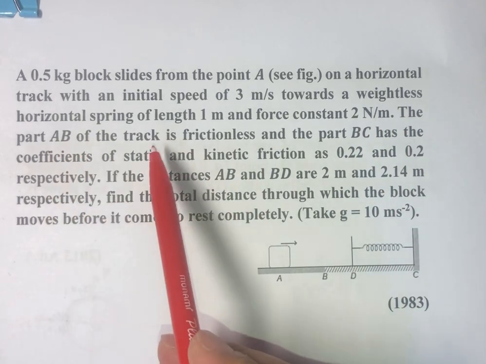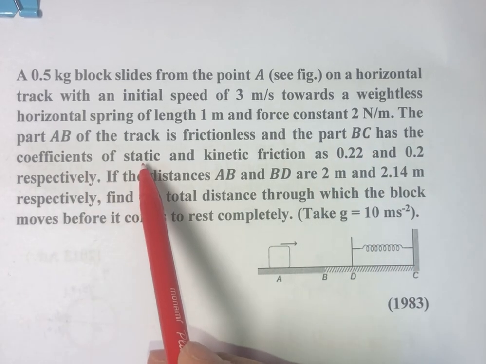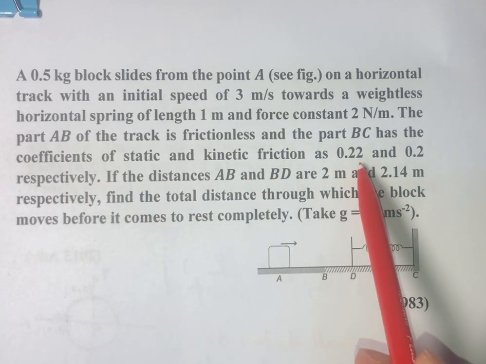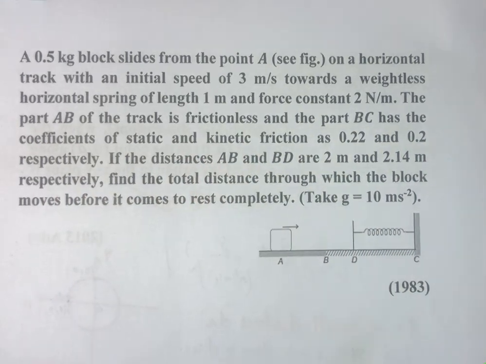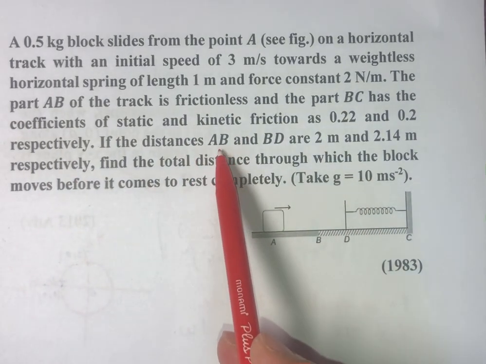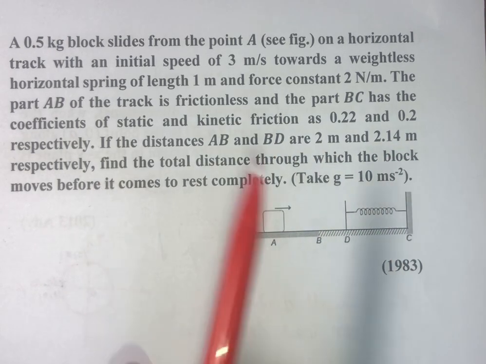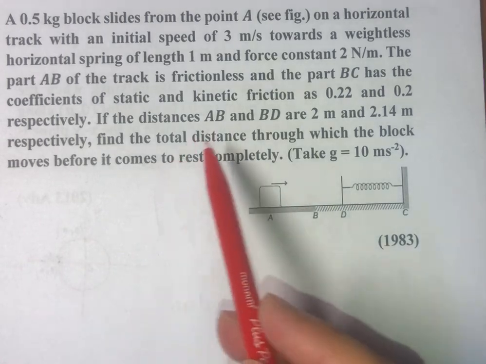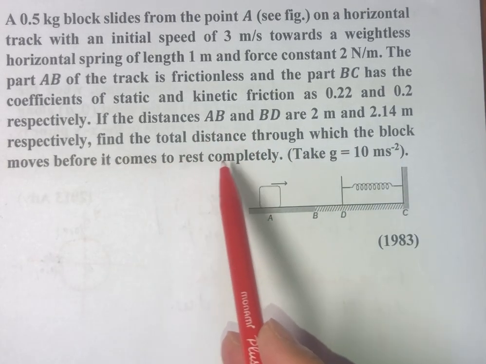The part AB of the track is frictionless and part BC has a coefficient of static and kinetic friction of 0.22 and 0.2 respectively. If the distances AB and BD are 2 meters and 2.14 meters respectively, find the total distance through which the block moves before it comes to rest completely.